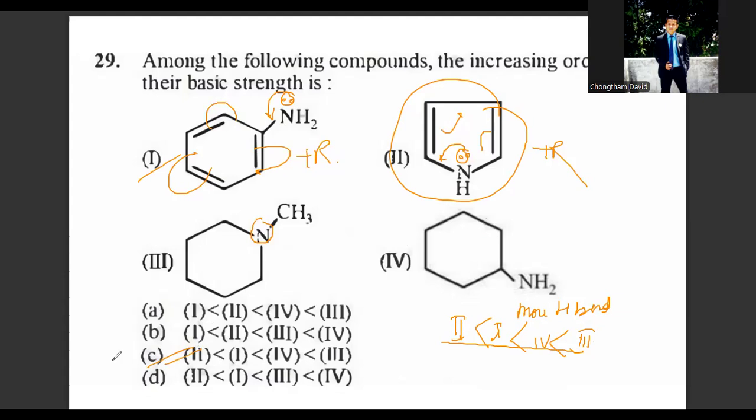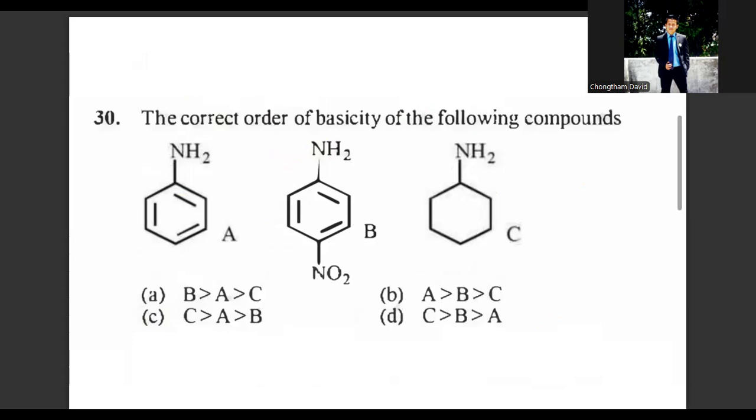I hope it's clear. Question number 30. The correct order of basicity of the following compounds is, which is the correct answer for question number 30. So basicity depends on the number of lone pair electrons on nitrogen. This will be the first structure in accordance with the correct order of basicity. C will be the highest.